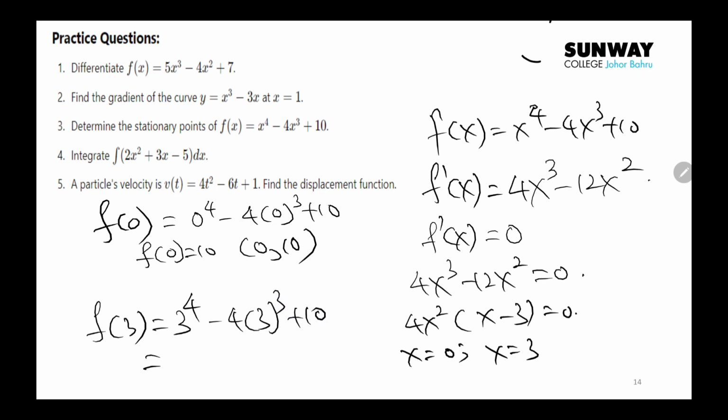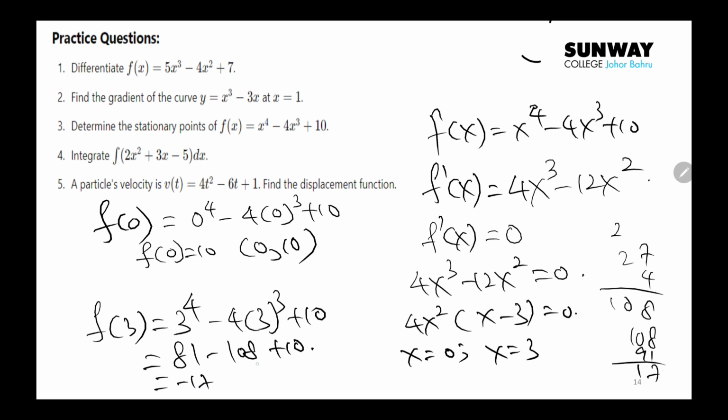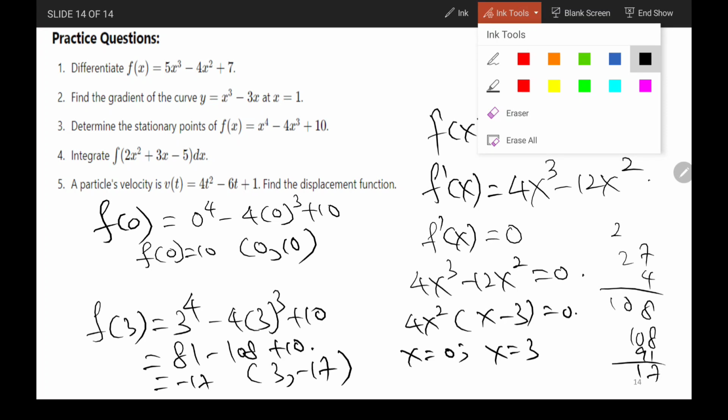Press the calculator: negative 17. So (0, 10) and (3, negative 17) are the stationary points.